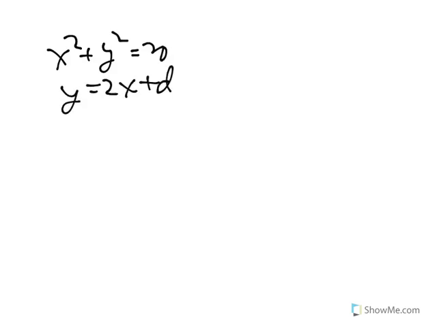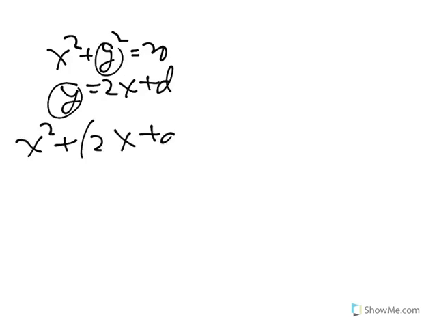I'm going to substitute this y into here, so now that top equation becomes x squared plus (2x plus d) squared equals 20. It's got a lot of variables. We've got x, x, d. Let's just see what happens.